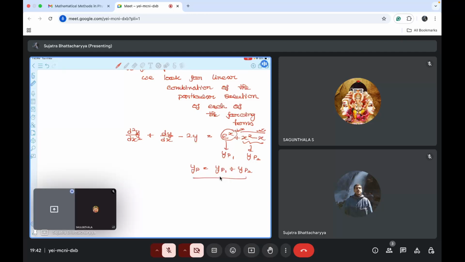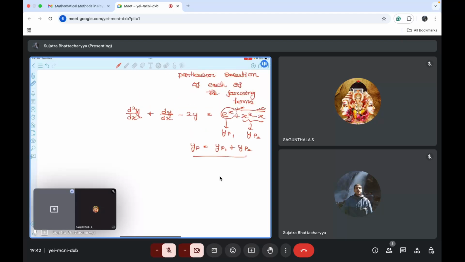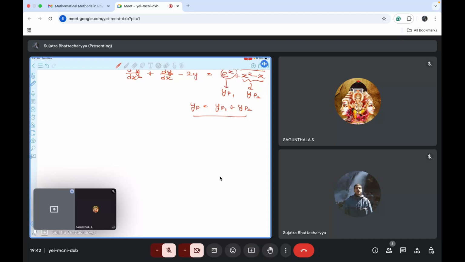Now let us see how we can implement this to actually calculate the particular integral. I have two questions for this part, and let's see how to find the particular solution. I'm sticking to the particular solution and not calculating the complementary function. The complementary function is easy to calculate; we are just focused on the particular solution.